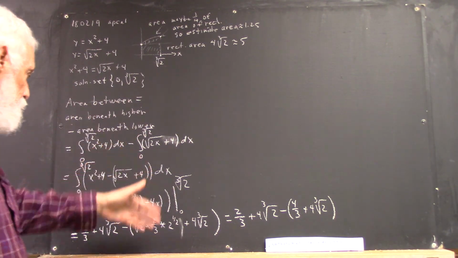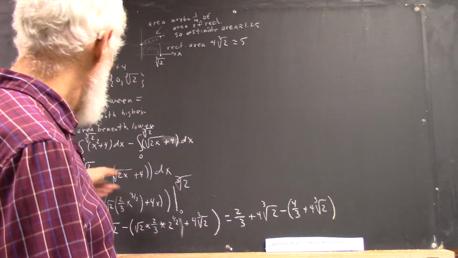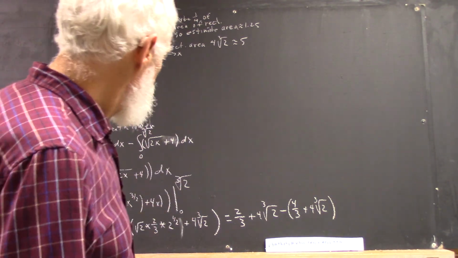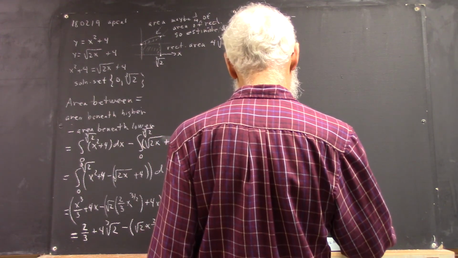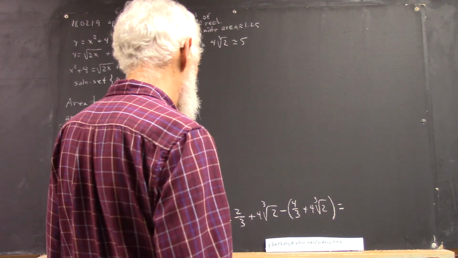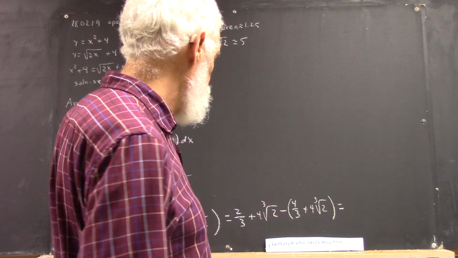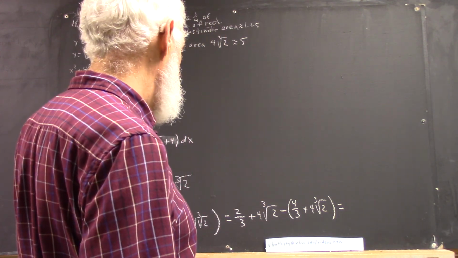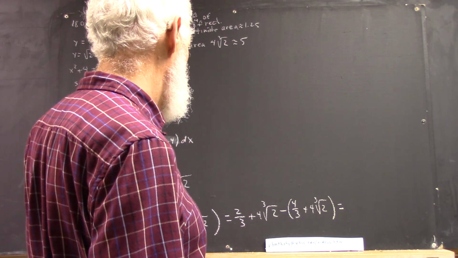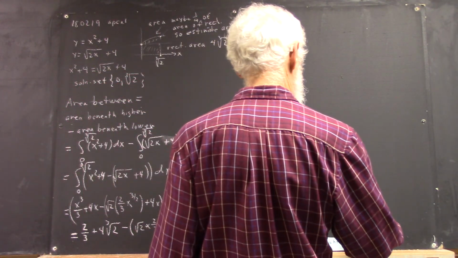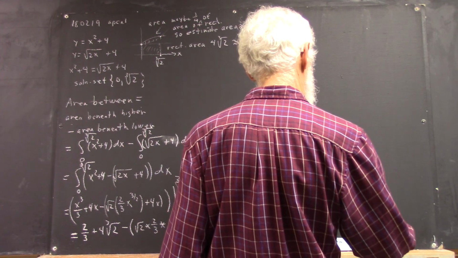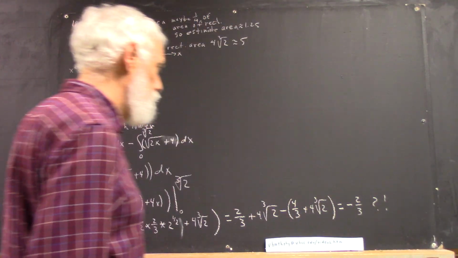And we could have actually done the integral by simplifying this a little better, but okay. And that equals what? You got 2/3 and minus 4/3. So I'm getting minus 2/3, so something's wrong. Okay, so let's see if we can find the error.